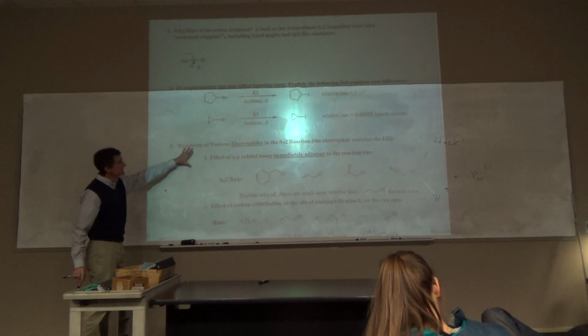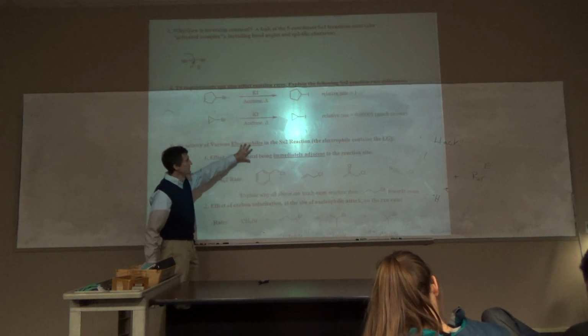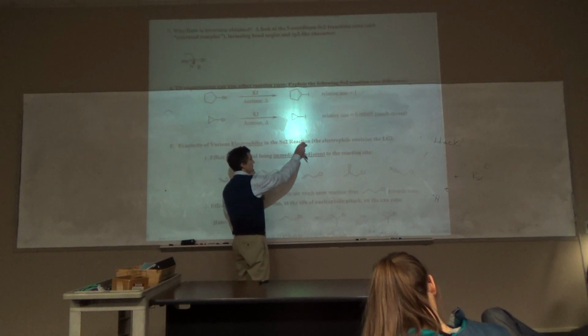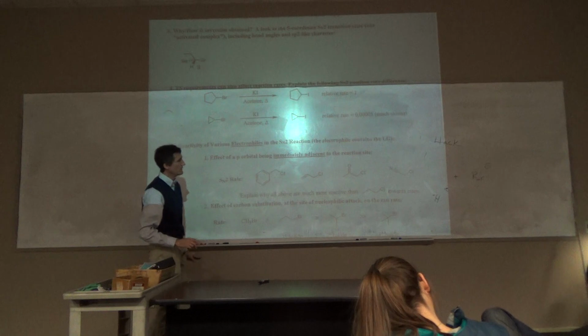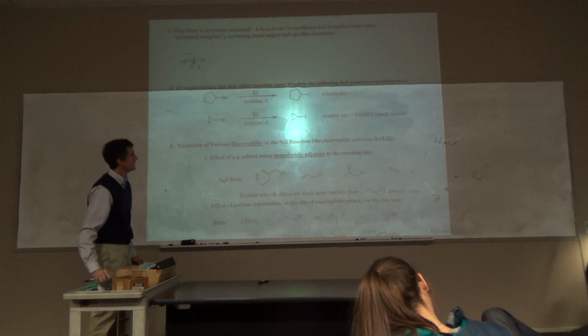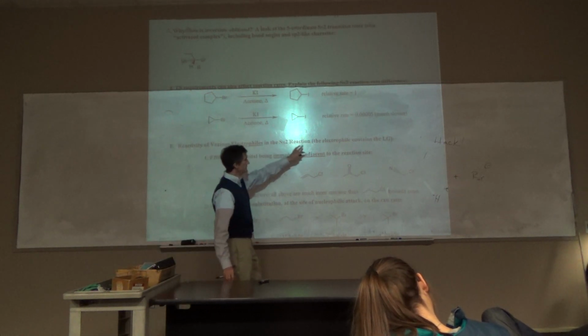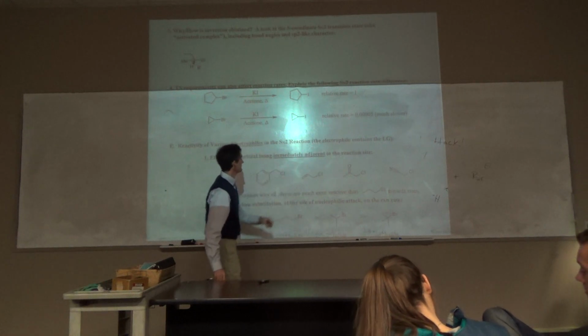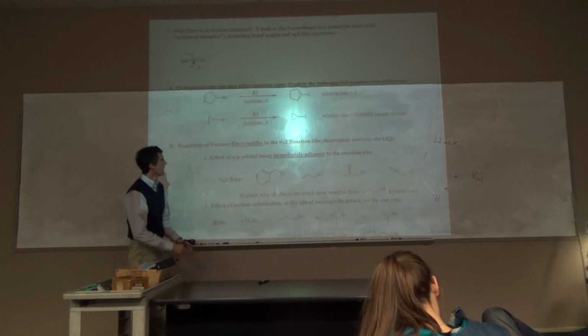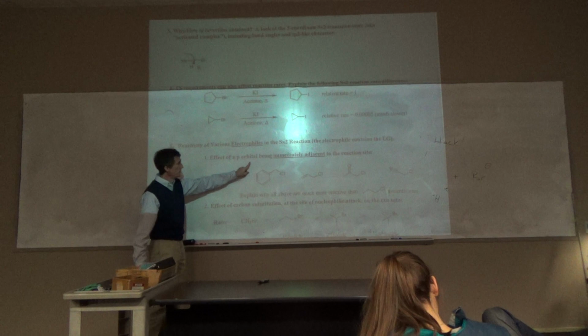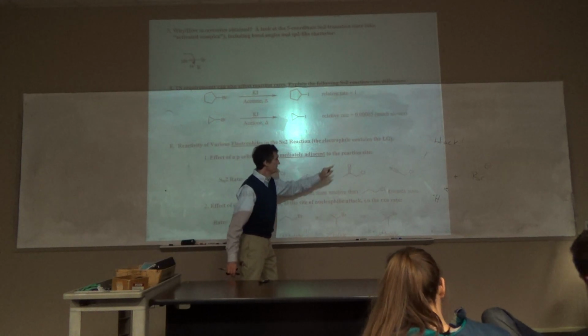Moving on. Let's look at reactivity of various electrophiles in the SN2 reaction. We're going to focus on SN2 a good bit. Next couple of pages. The electrophile is the species that contains the leaving group. Effective p orbital being immediately adjacent to the reaction site.